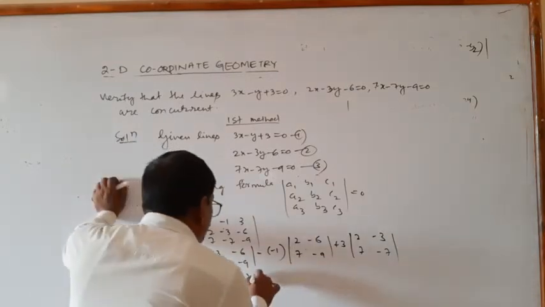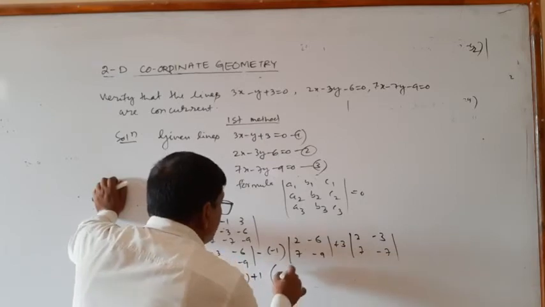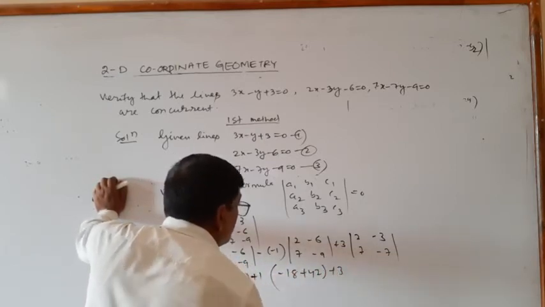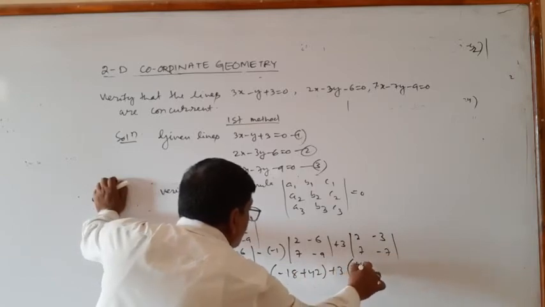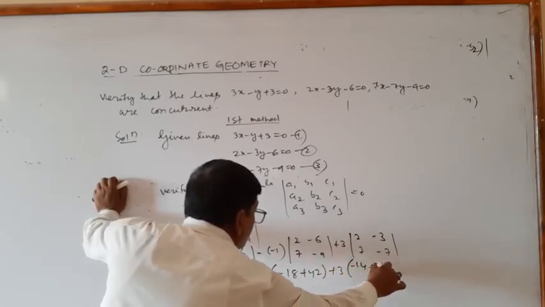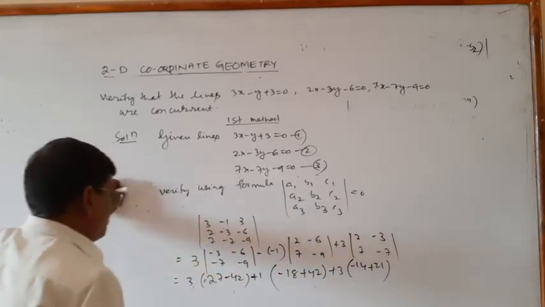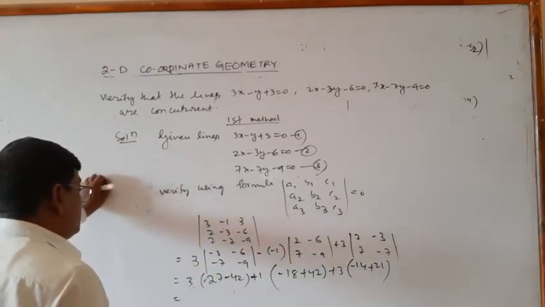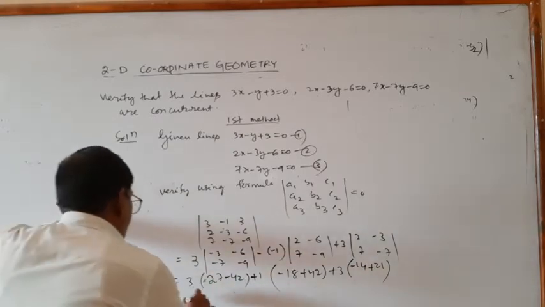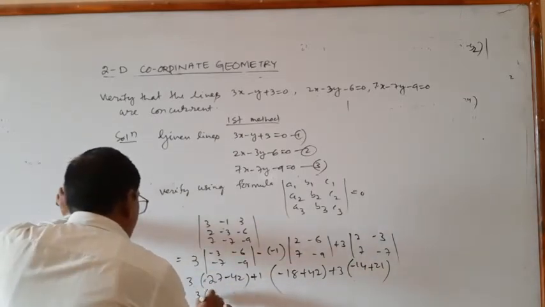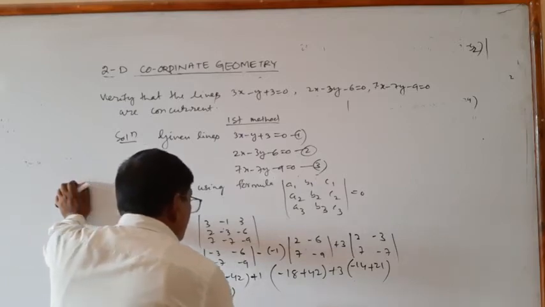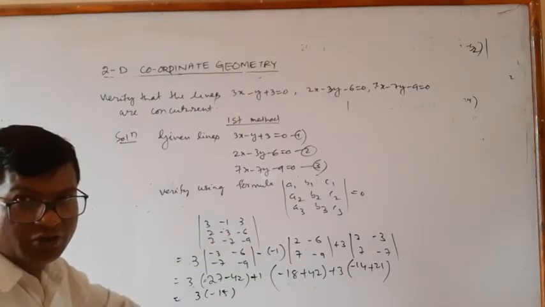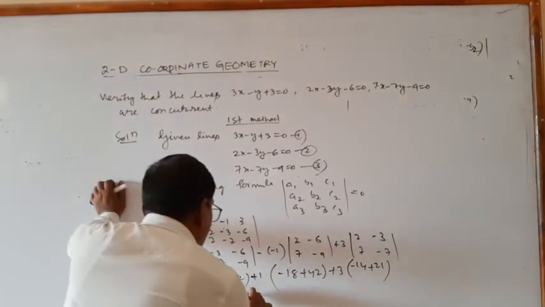So this is plus 1 into minus 18 plus 42, plus 3 into minus 14 plus 21 plus 21. Now calculate this. This is 15. 3 into minus 15. Clear? 3 into minus 15.